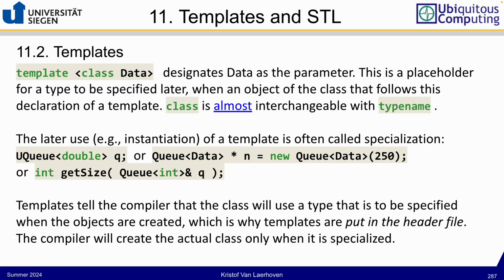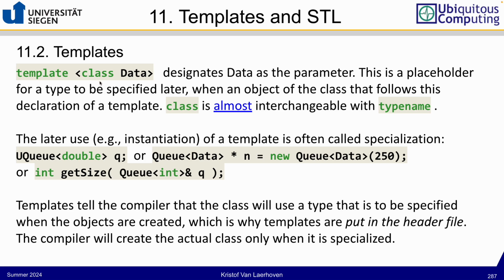Let's move on to what can be done with templates, because that is not the end of it. Up until now, we've seen only one parameter for a template, and we used always class for that. This is almost, and that's why I put this link over here, there are some very fringe cases where this is not exactly the same, but it's almost the same as type name over here. Especially in the later versions, I think there's less and less difference between the two.